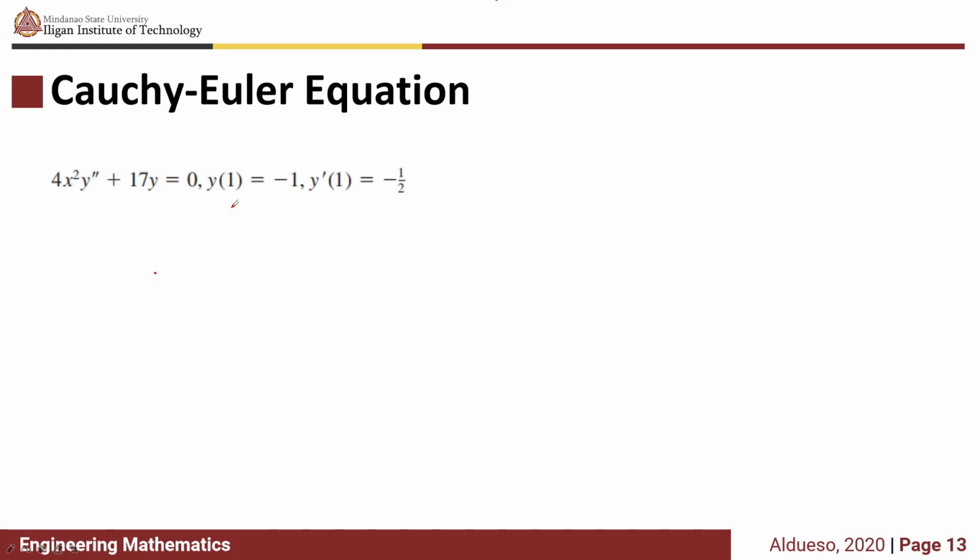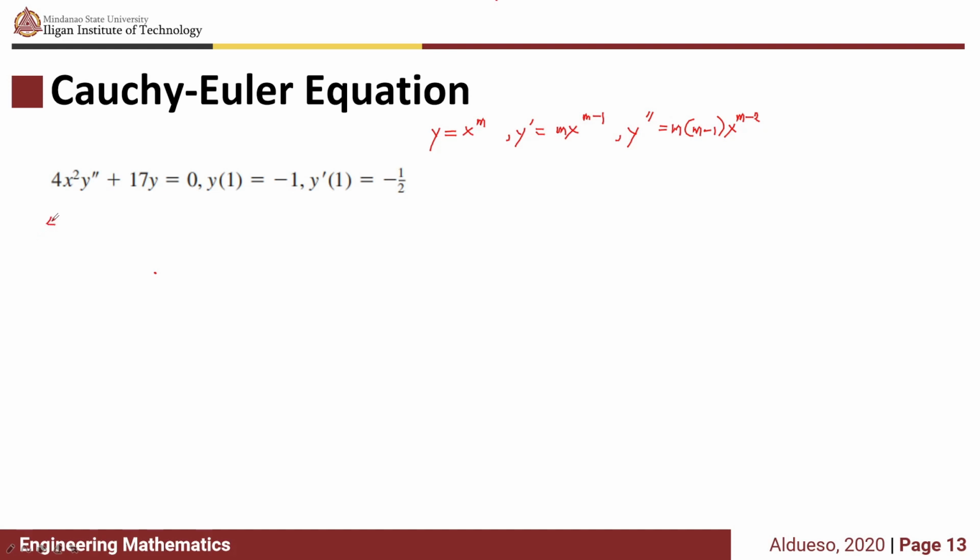For our next example, we have this initial value problem. Again, we have y is equal to x to the m. The first derivative is m x to the m minus 1, and the second derivative is m times m minus 1 times x to the m minus 2.